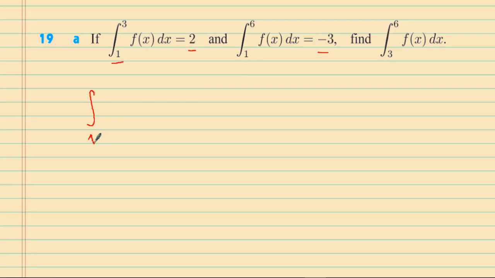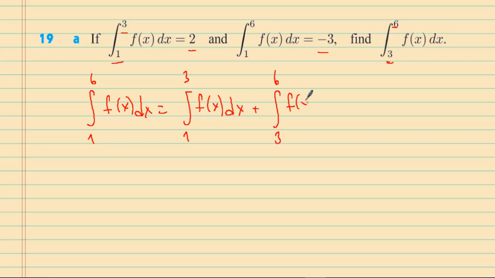So let me write just, it's between 1 and 6, f of x dx. As it's given 3 and it's asking about 3 and 6, we can separate between 1 and 6, we have 3. So I can separate my integration from 1 to 3, f of x dx, plus from 3 to 6, f of x dx.